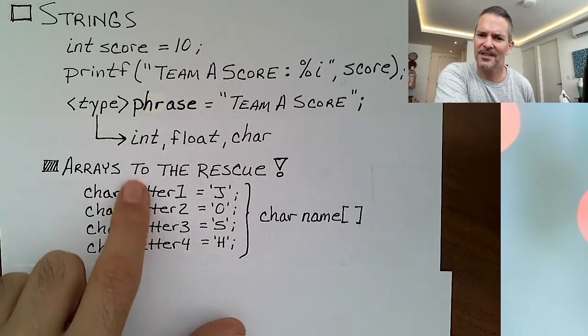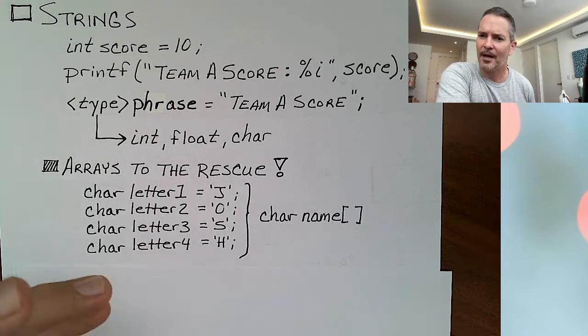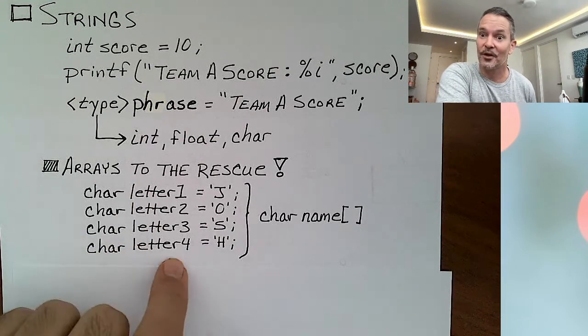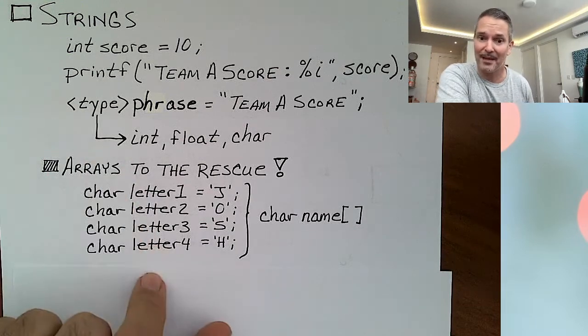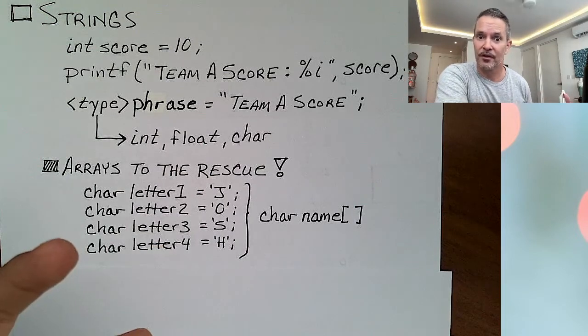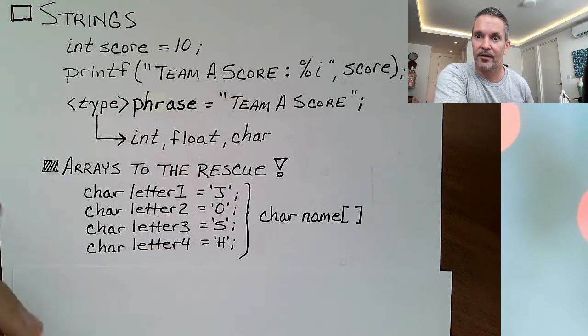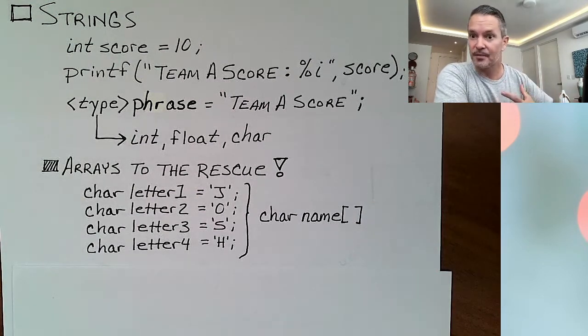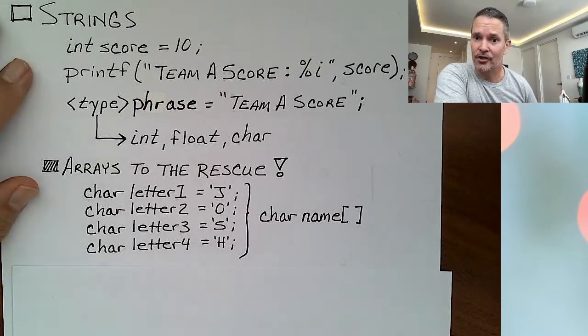Well, this looks a lot like what we were complaining about when we started talking about arrays: the explosion of variables, and how you don't want to have a variable for every single related thing, like the scores of a baseball game for 9 innings. I don't want to have to write 9 integers.